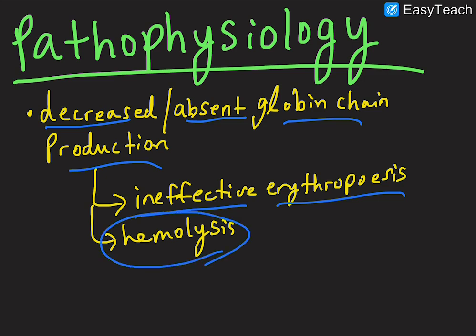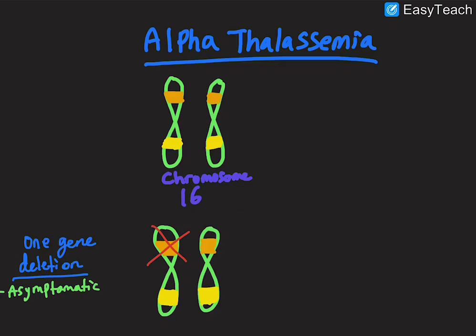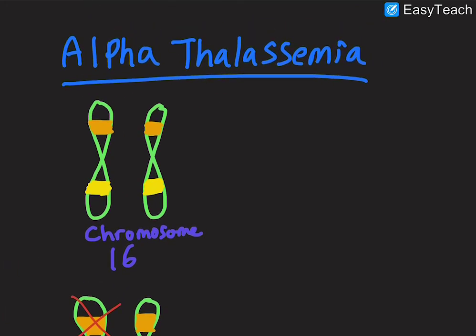We'll see how that happens, especially in alpha thalassemia, which we'll talk about in this video. So you get hemolysis and ineffective erythropoiesis in thalassemia. Let's go ahead and talk about alpha thalassemia now.